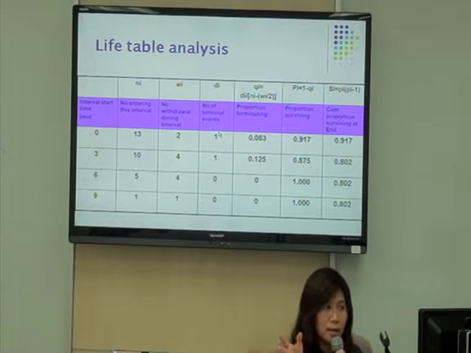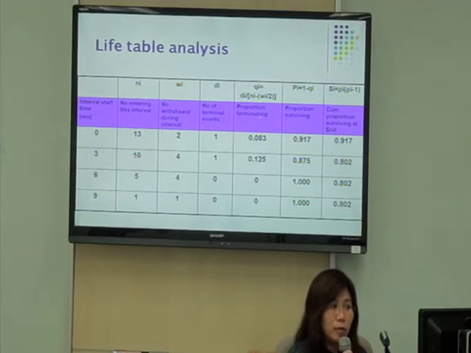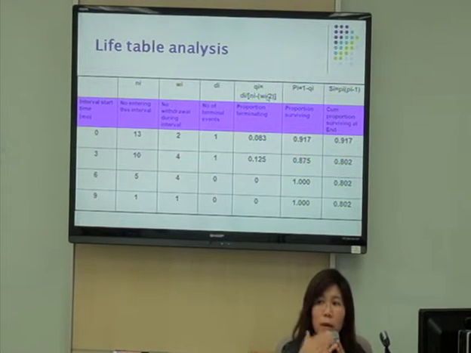Because the event that we are interested in is death, we calculate the proportion of terminations. QI is equal to DI, the number of terminal events, divided by NI minus WI divided by 2, because we think about the interval.